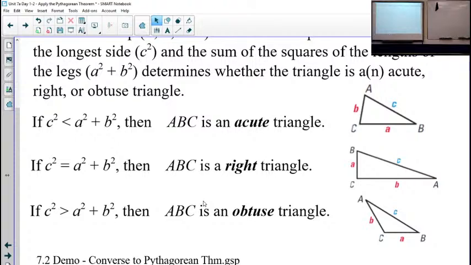Because if c squared exactly matches, then yes, we have a right triangle. But I can say even more, that if c squared is smaller than a squared plus b squared, then that triangle is going to be an acute triangle. And if c squared ends up being bigger than a squared plus b squared, then we're going to have an obtuse triangle.